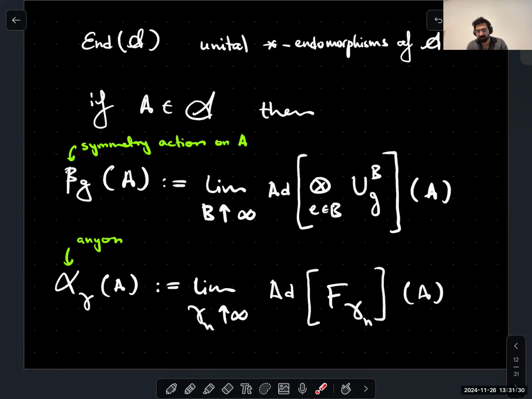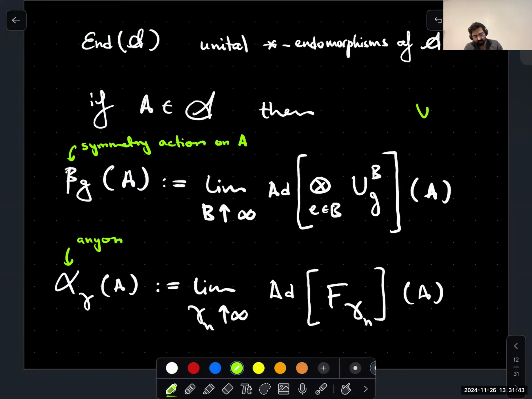So this is on the level of observables. For every observable A, I can define a symmetry action on this observable, and that's to be contrasted with the usual symmetry action U of G on, let's say, the ground state, or U of G on some state. This is the infinite dimensional version of it.